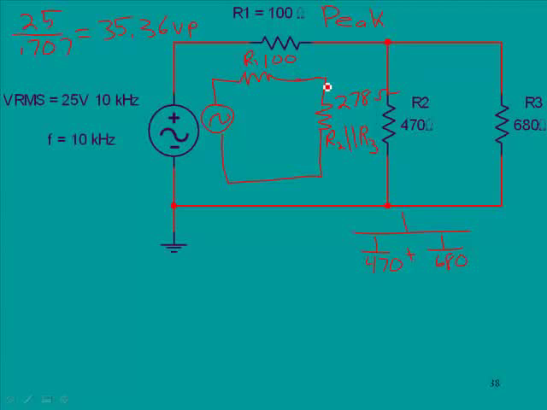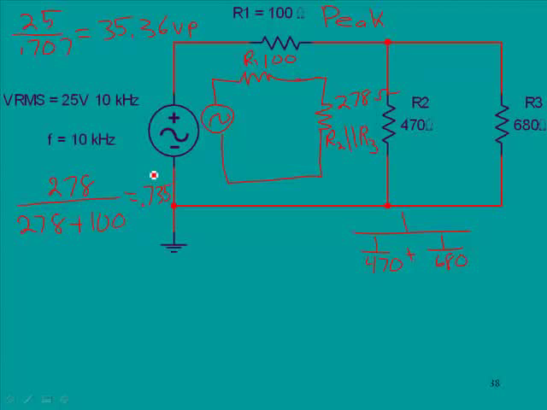Another way is to do a voltage divider, which is what I'm going to do, and we will say 278 divided by 278 plus 100. This is just doing a proportion to find out what proportion of the total resistance this will drop. In this case, the proportion is going to be 0.735.